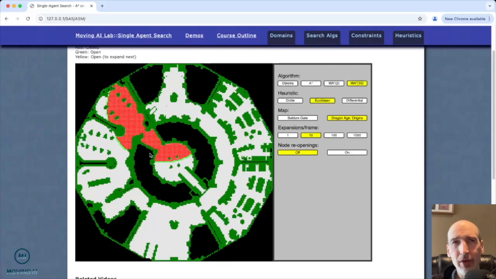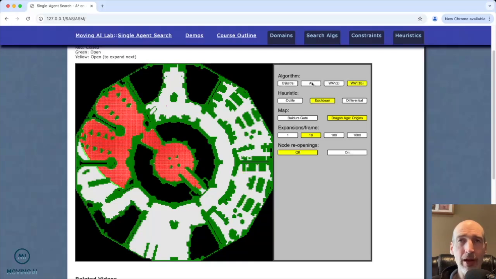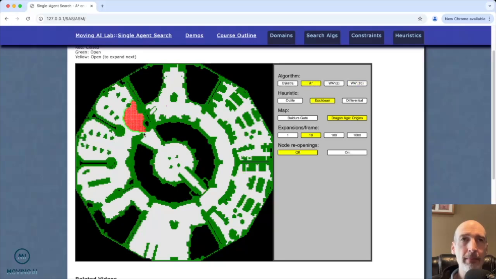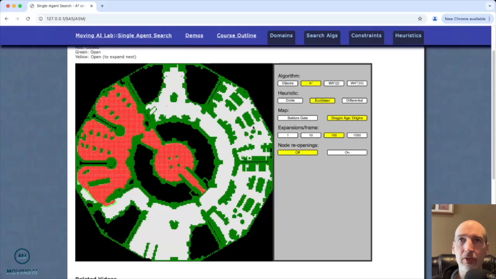And so the interesting question is, why is this the case? Why is it that with weighted A star weight of 10, we see very clearly an octagon here, where when I run A star, I won't actually see that clear difference between a circle going out. So let's run A star. It's a little bit harder here to see the difference. Like it looks fairly circular there. When I run octile, it still looks fairly circular.